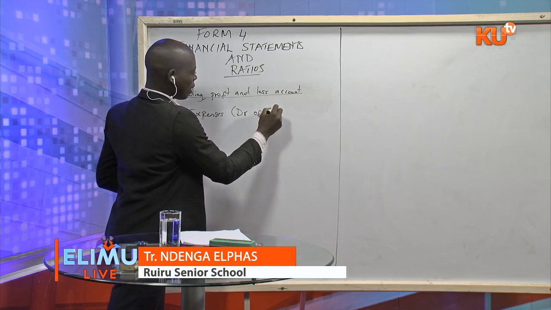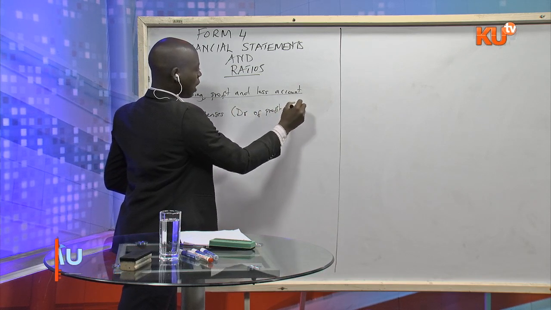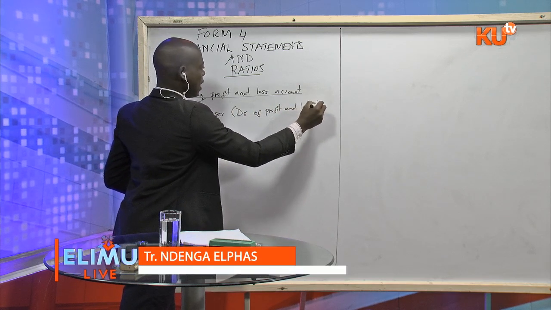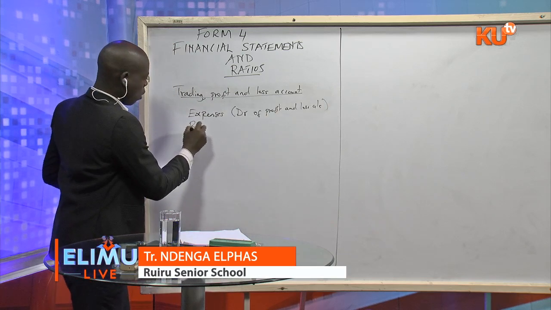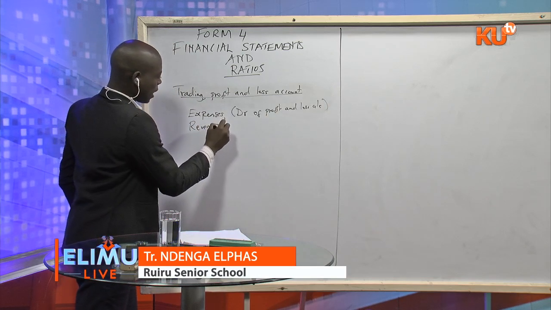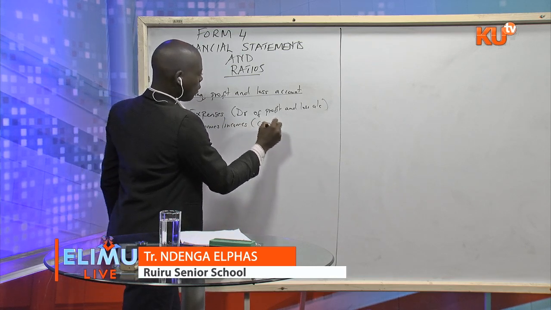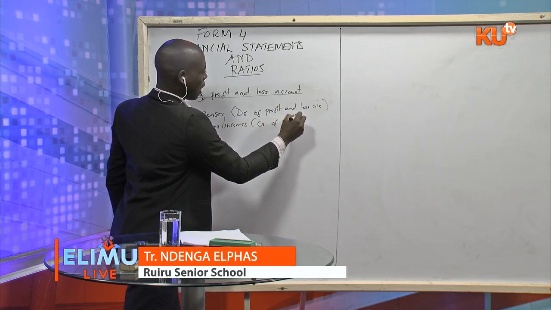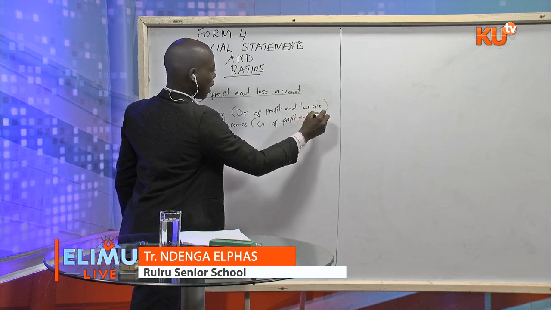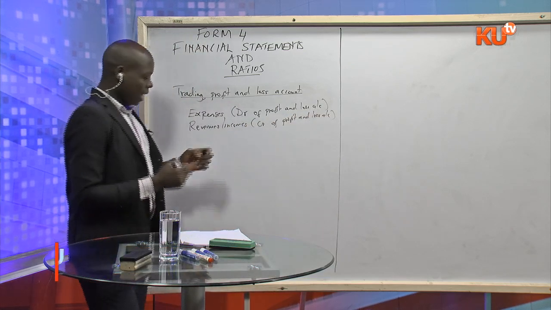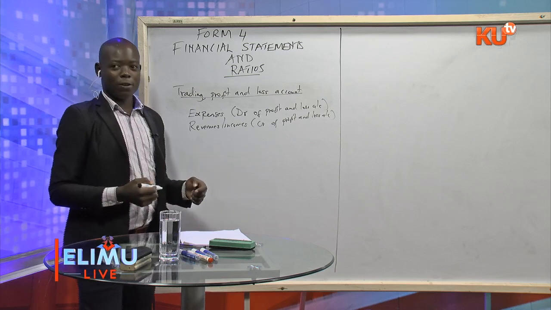And then we have revenues or incomes, which are captured on the credit side of the profit and loss account.